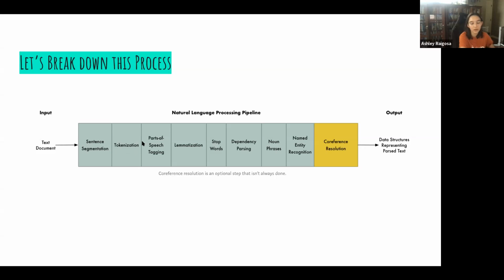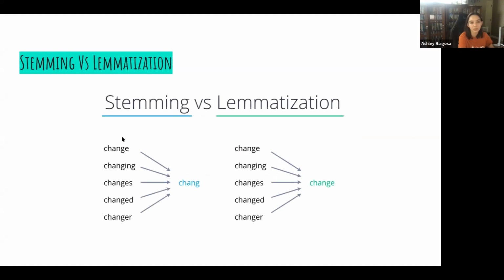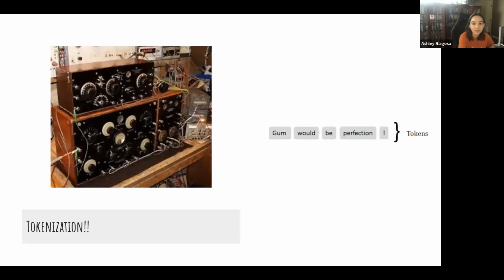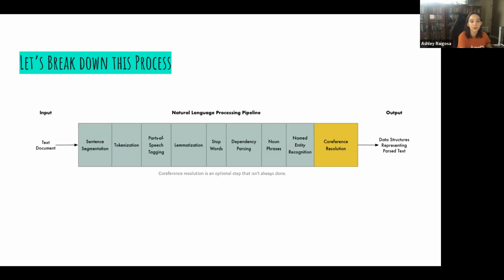Tokenization plays a role in, as we had mentioned before, assigning different weights. And right here is assigning different weights, tuning your model. And it will break these down into like a separate index for each of the words in the sentence.